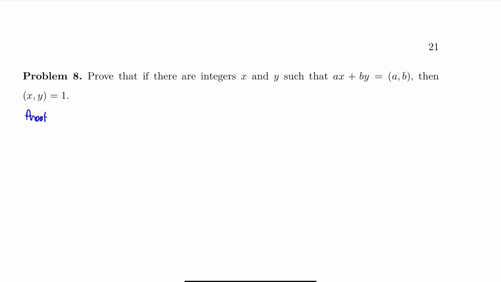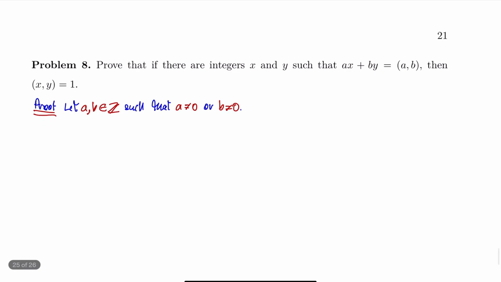The first thing I'm going to do is let a and b be integers such that a is not 0 or b is not 0. Okay?